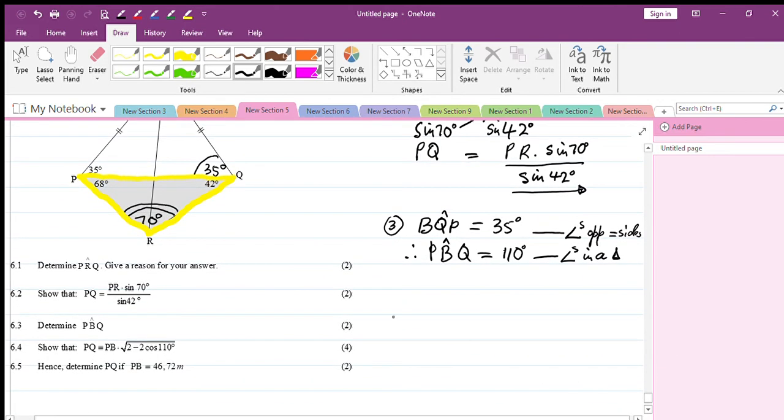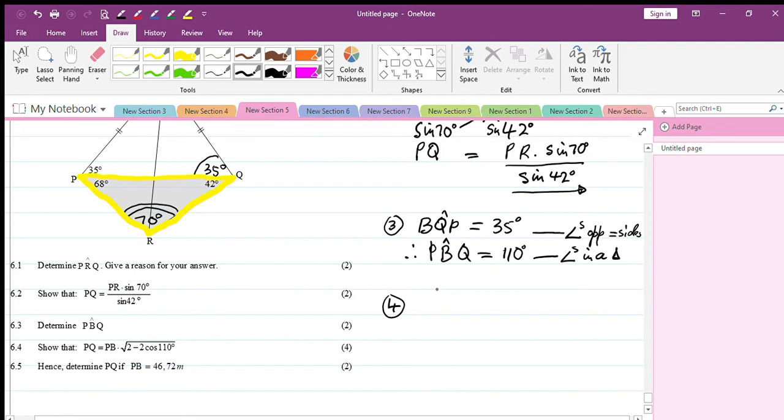Question 4, we are asked to show that PQ is equal to PB times square root of 2 minus 2 cos 110. Okay, if we look carefully at this equation, it comes from the cosine rule.